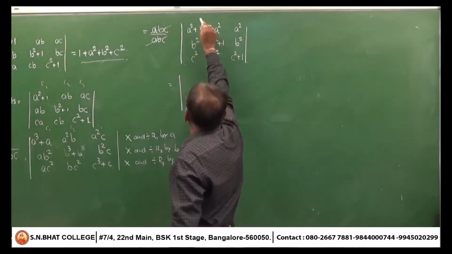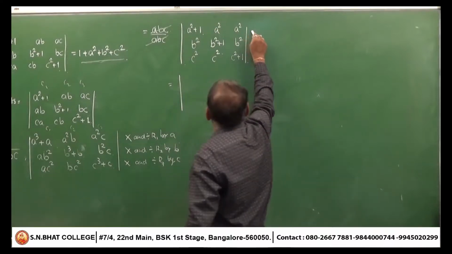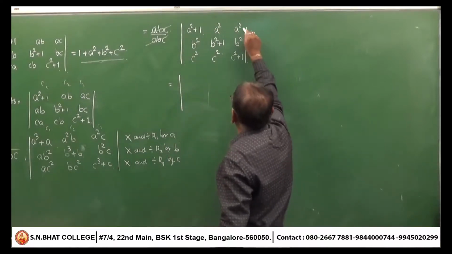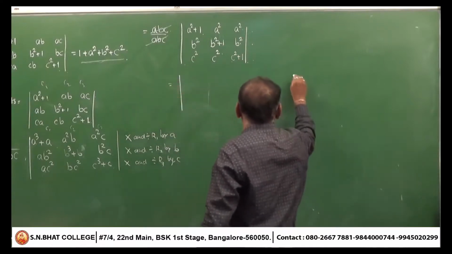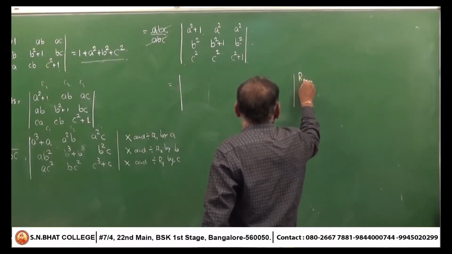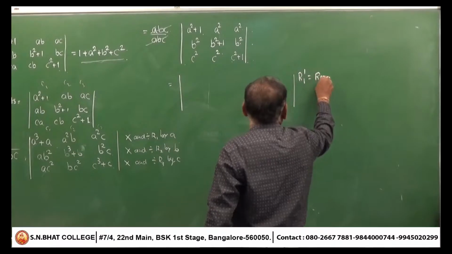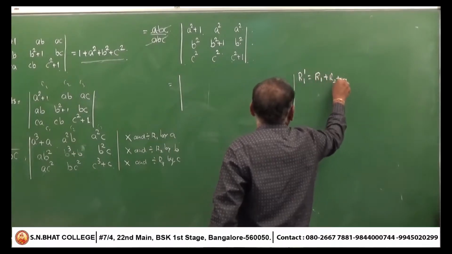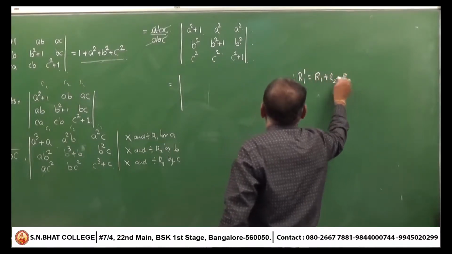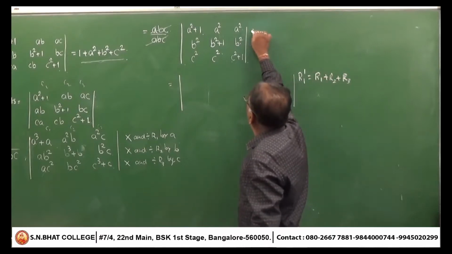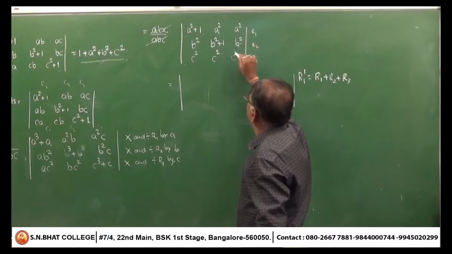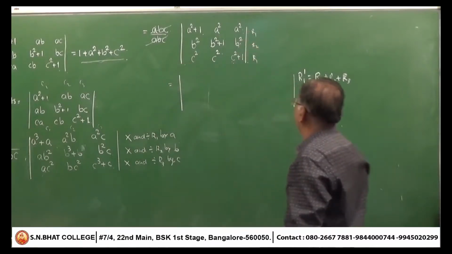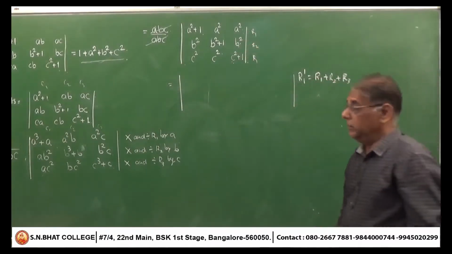If you add the 3 rows, this plus this plus this, you get A square plus B square plus C square plus 1 as a common factor. Therefore, R1 dash is R1 plus R2 plus R3. Add the 3 rows, R1, R2, R3. Add this, you get A square plus B square plus C square plus 1 as a common factor.